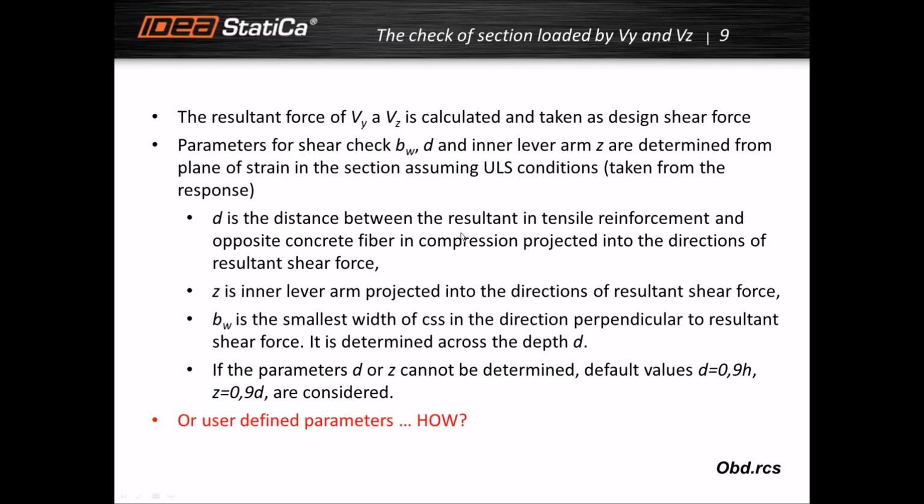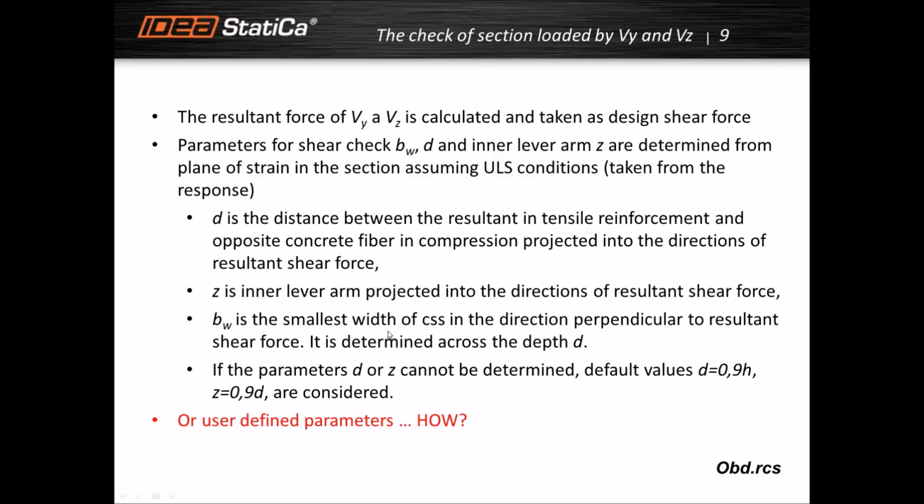D is the distance between the resultant in tensile reinforcement and the opposite concrete fiber in compression. This distance is projected into the direction of the resultant shear force, and we measure the value D. Similarly, Z is the inner lever arm, again projected into the direction of the resultant shear force.